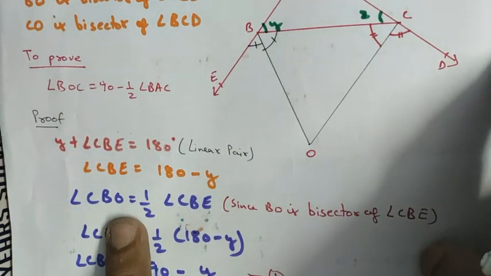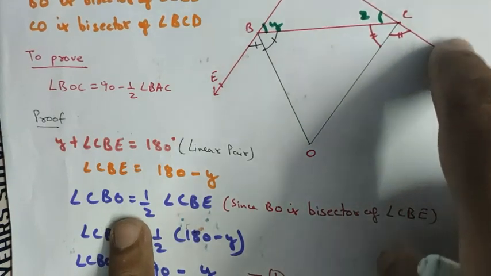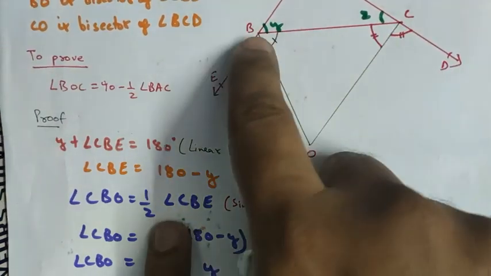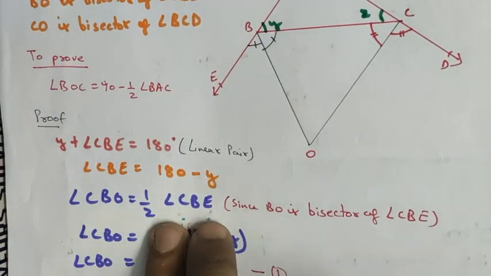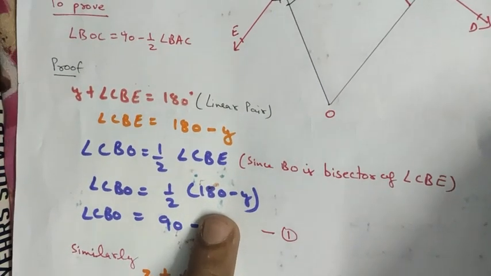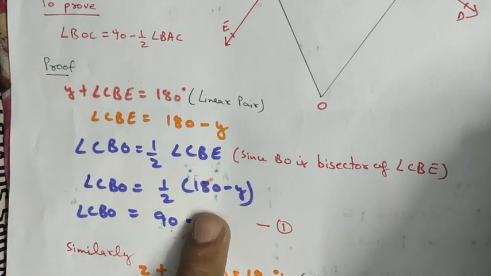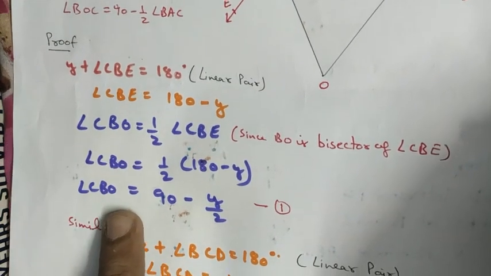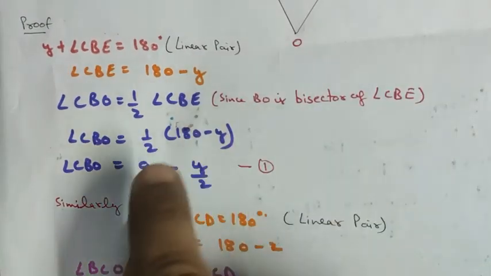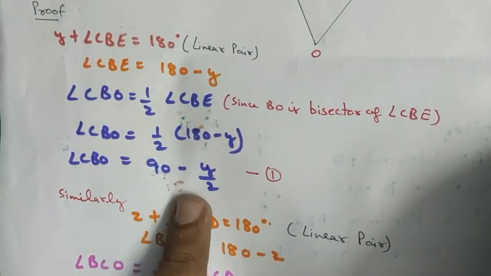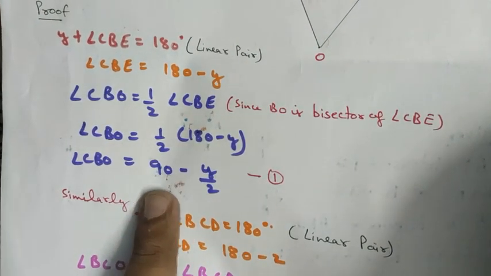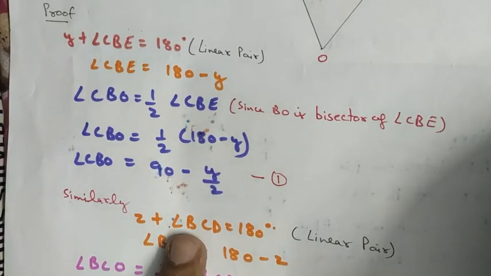So angle CBO will be half of angle CBE, substituting the value of CBE as 180 minus Y. We get angle CBO is equal to half of 180 minus Y. That is half of 180, that is 90, minus half of Y, that is Y upon 2. So this is 90 minus Y by 2. Got it?